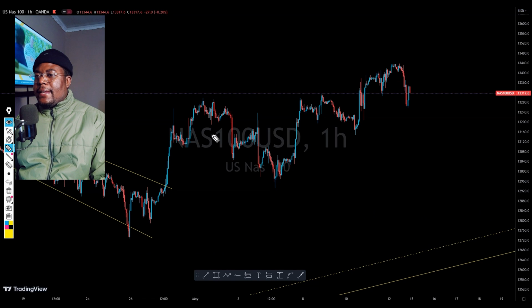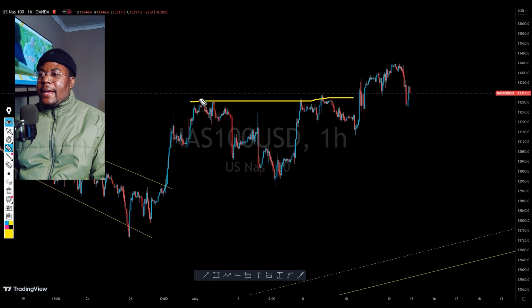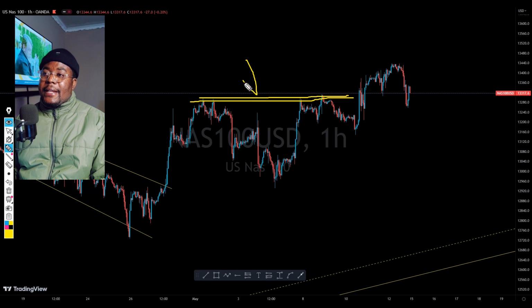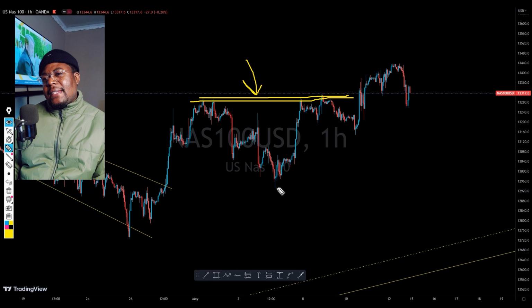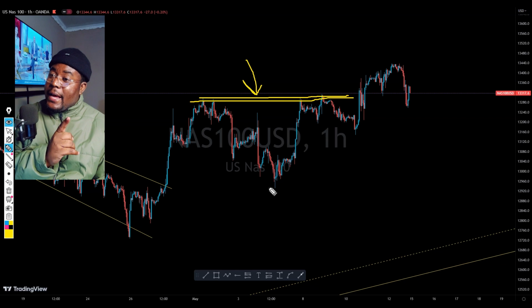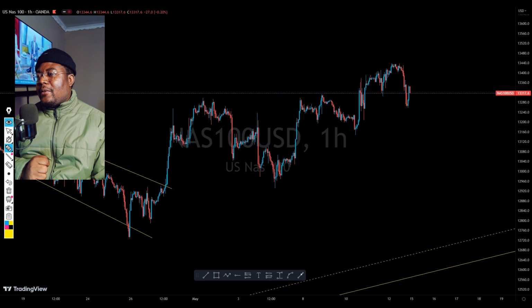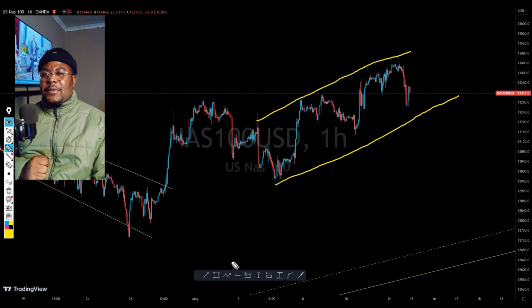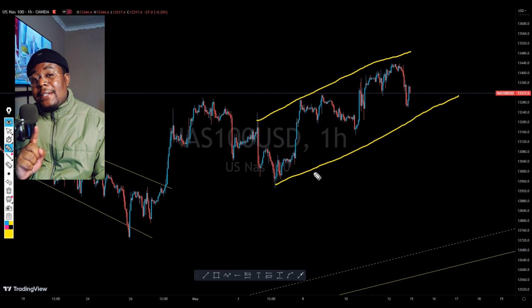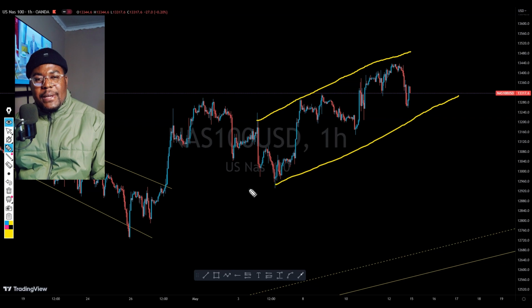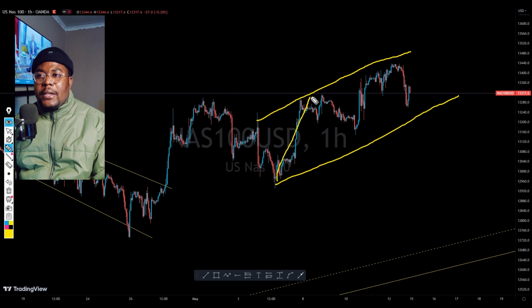We can easily say the market was respecting this area as a horizontal resistance. But on the other side, since the market is on an uptrend, it seems like it's creating that diagonal form that I was talking about. But this time it's doing what? It's pushing to the upside. Do you see that? So if you identify the structures, it's going to be way easier for you to do what? To take trades.